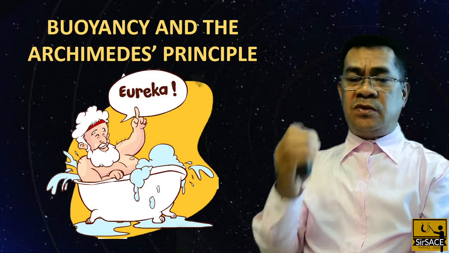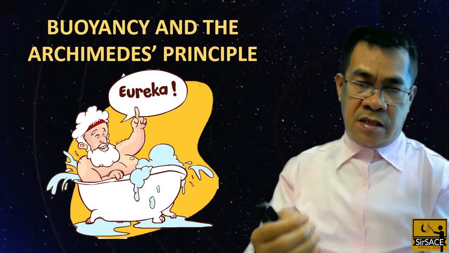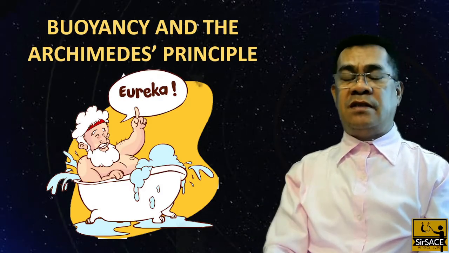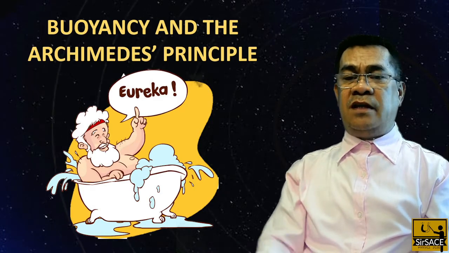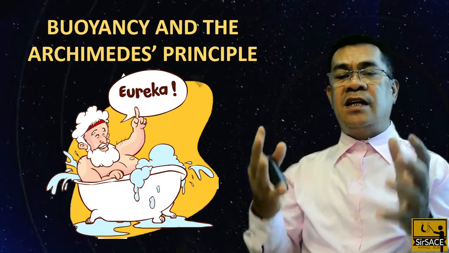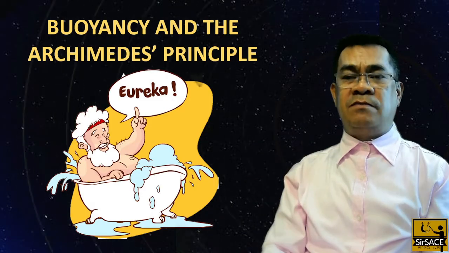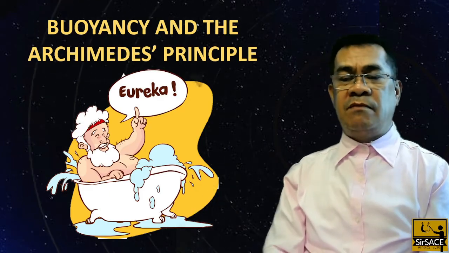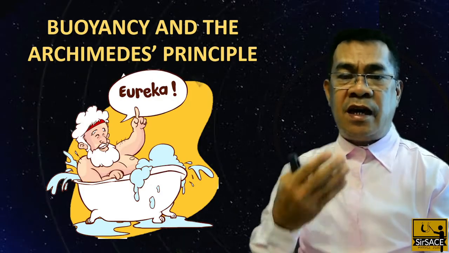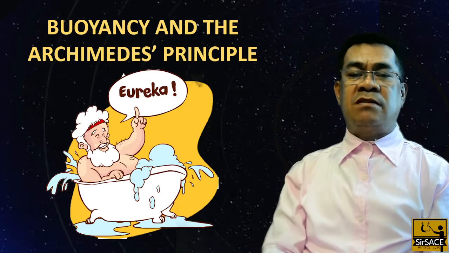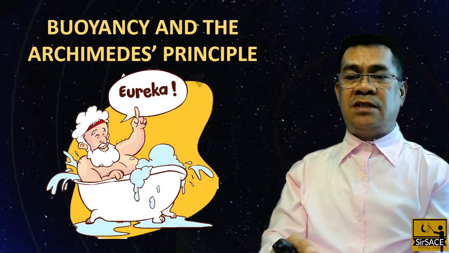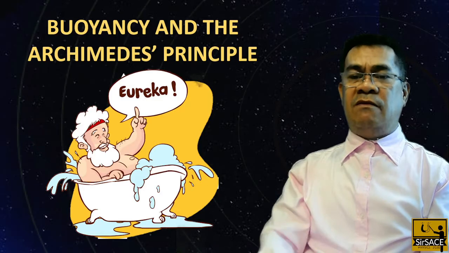When he saw the displaced water, he was inspired and shouted eureka, meaning I found it. He could compute any irregular volume by the displacement process: submerge it, then obtain the displacement, because the displaced volume is the same as the volume of the submerged object. So that's the meaning of eureka.